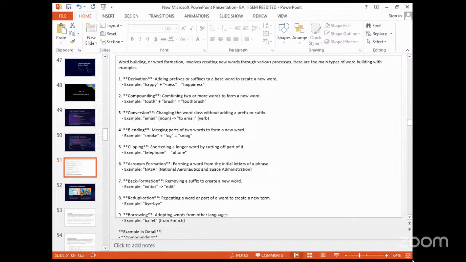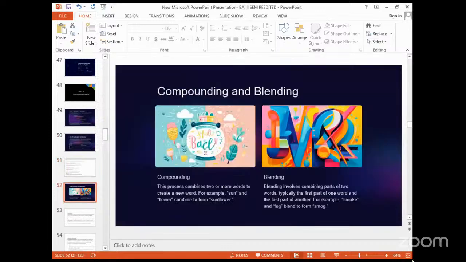For example, air conditioned can be combined with cabin, right? So we get another compound, air conditioned cabin. This process combines two or more words to create a new word. For example, sun and flower combine to form sunflower.